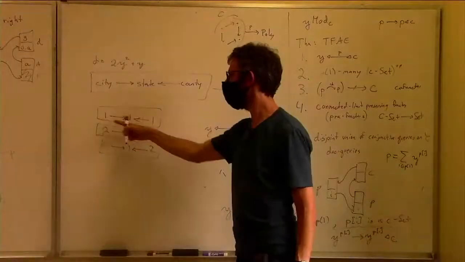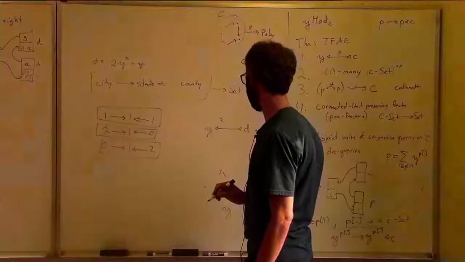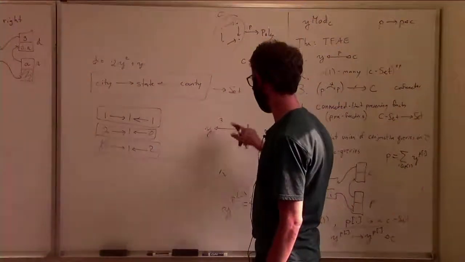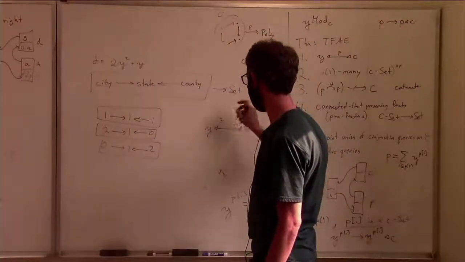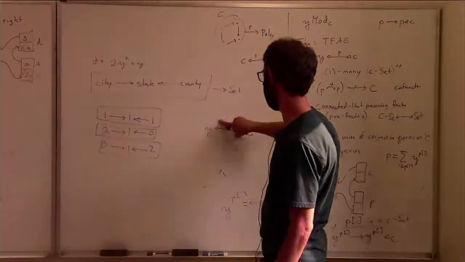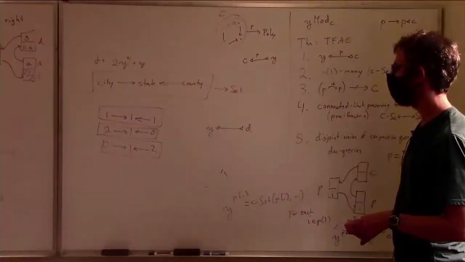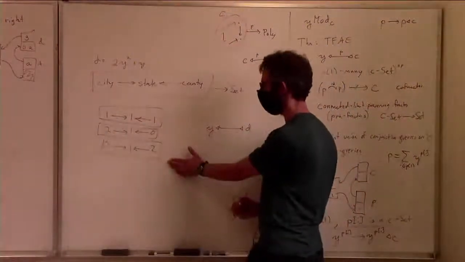So that would be 3. I hope I don't get this wrong. Darn. 3. I'm probably going to get it wrong. Yeah, I can't do this on the fly. Sorry about that.